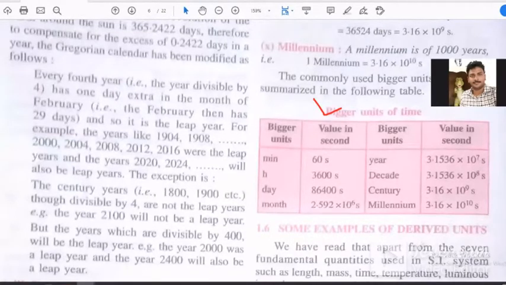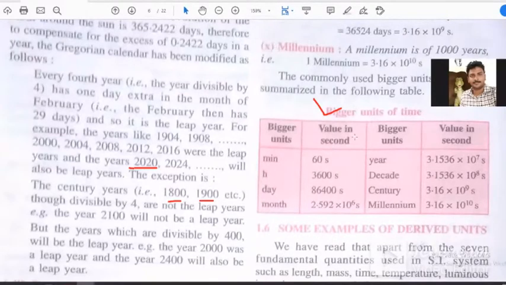For example, 1800 and 1900 come under the table of 100. But 2020 does not come in the table of 100, so it is not a century year. If it is not a century year, then we have to divide by 4. Hope your doubt is clear.